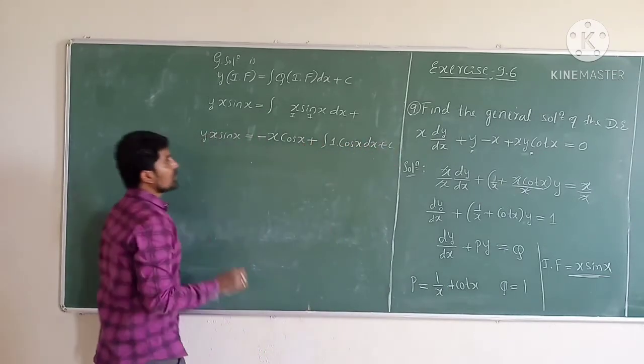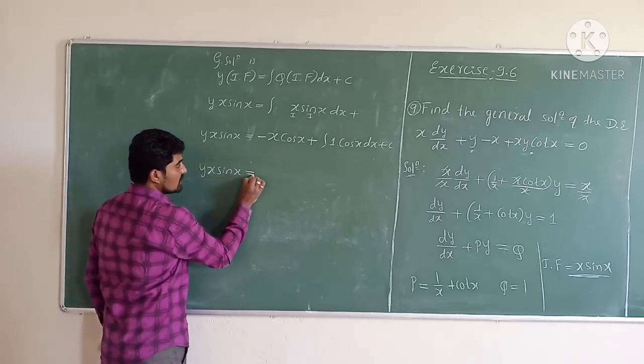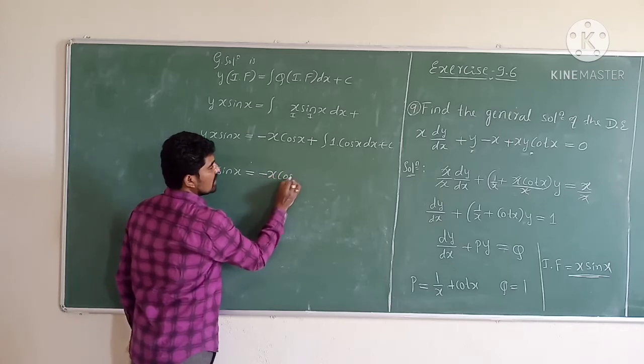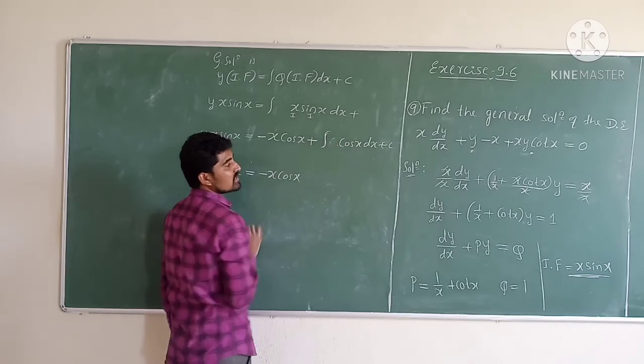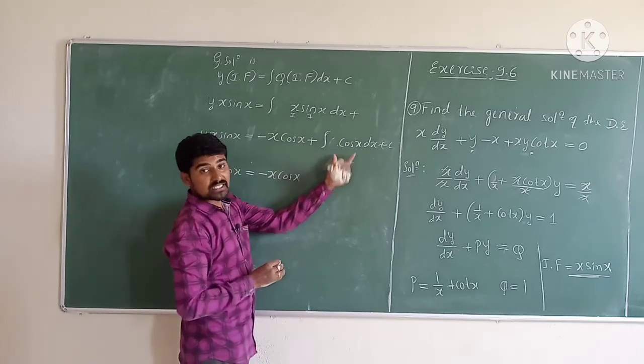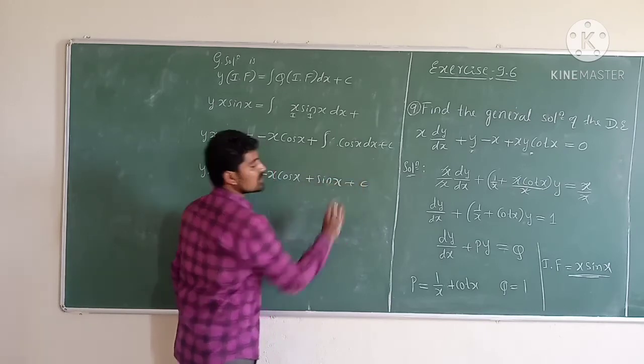Therefore, y into x sin x is equal to minus x cos x. Integration of 1 into cos x is integration of cos x. Integration of cos x is sin x, plus sin x plus c.